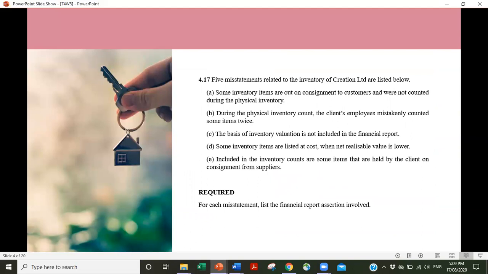So the first question then is question 17, which talks about the 5 misstatements, and what's required is for you to list the misstatement for each of those 5.